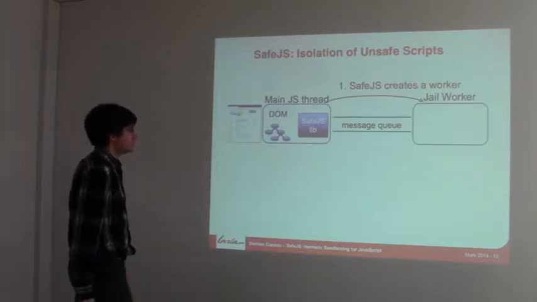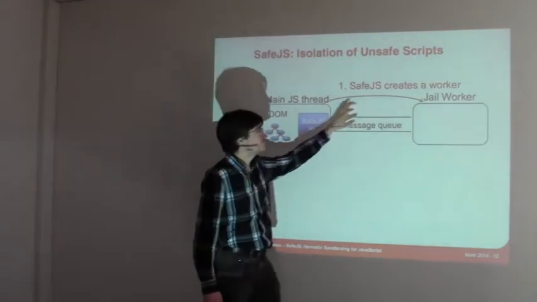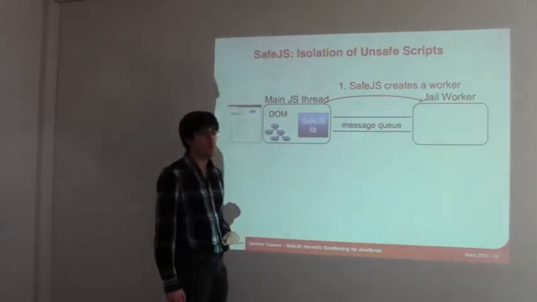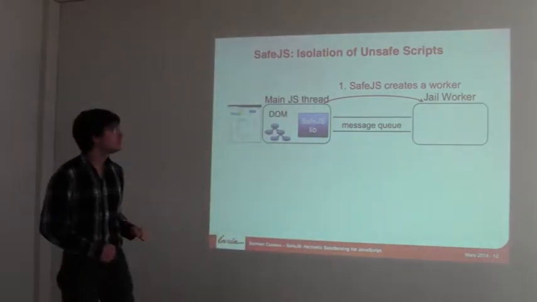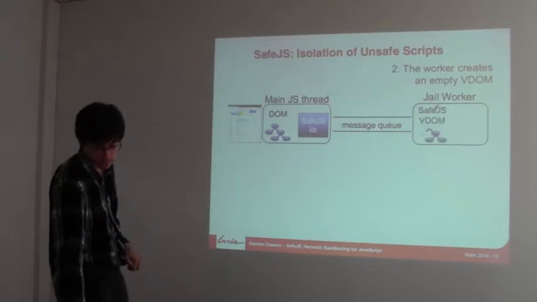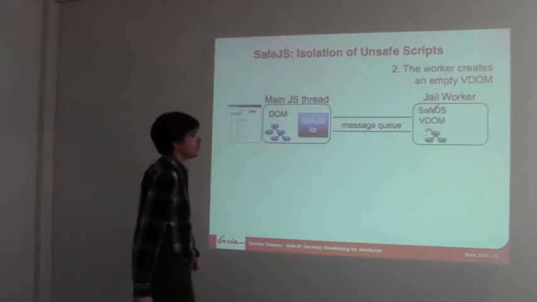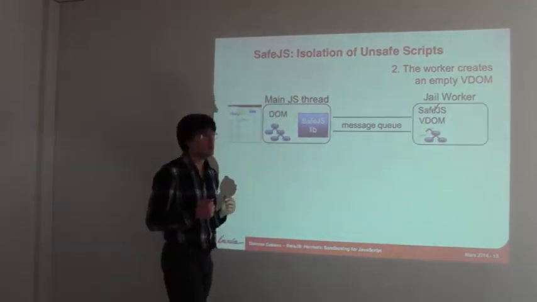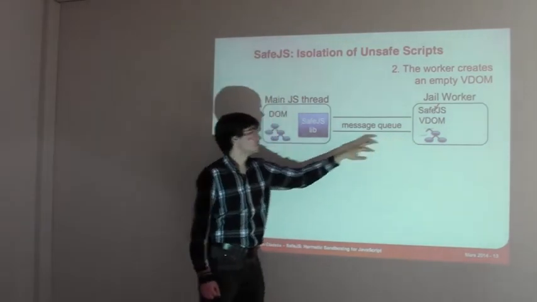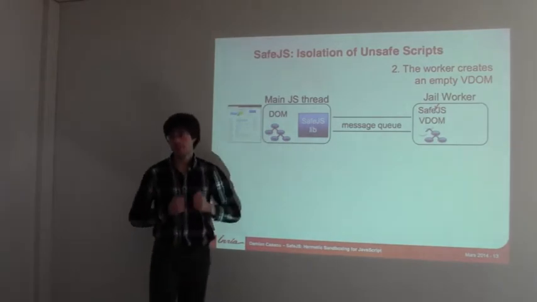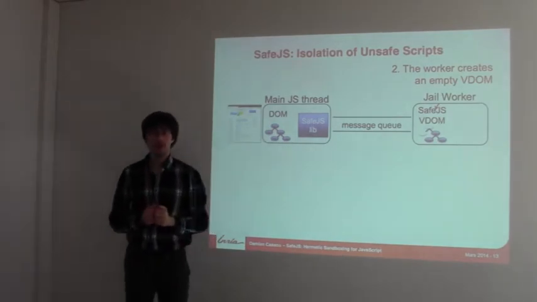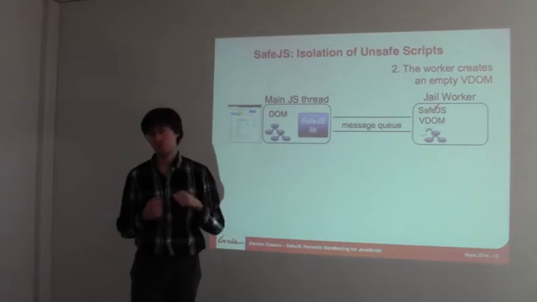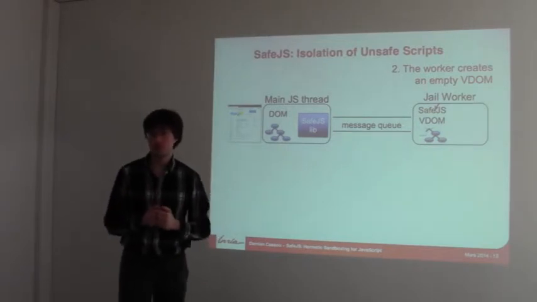So the first step is for the SAFE.js library to create a jail. This jail will first create what we call the SAFE.js virtual DOM. The SAFE.js virtual DOM looks very similar to a plain DOM, but only contains the information that we want to give to the unsafe script.